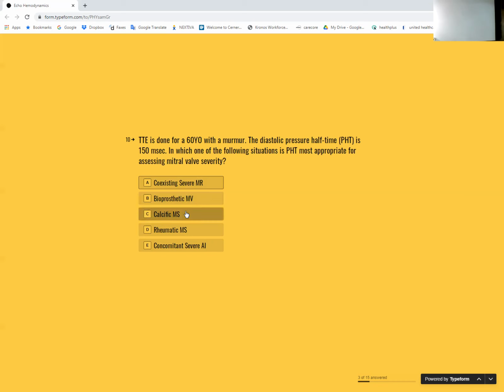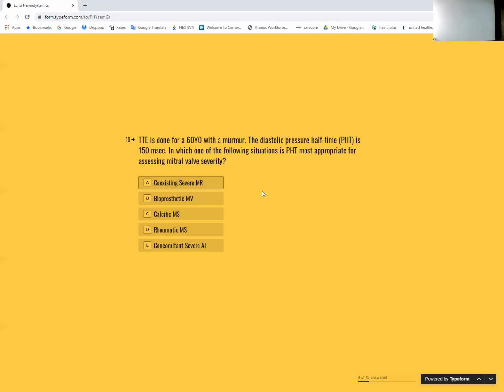I mean, that's something you guys should just remember automatically. This gets confusing because you're told all the time that when you have a prosthetic valve you should always use pressure half time. You use pressure half time as a marker of whether or not your valve is working, but not to calculate mitral valve area.